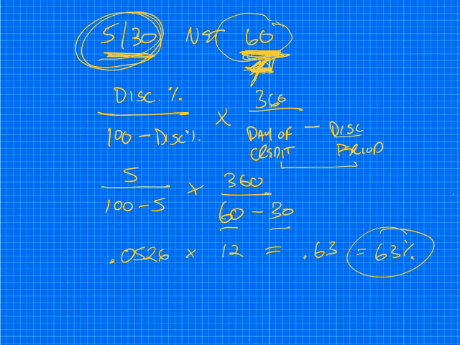Conceptually, when we did the first slide, that one came to 60, so we're pretty close. This is a little more accurate way of doing it. So there you go. That is how to calculate the approximate cost of trade credit. Again, remember that is an annualized figure.